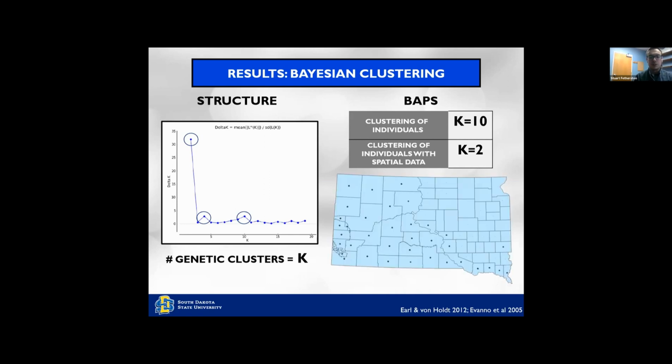Now, because the spatial data I had was only at the county level, to run the spatial model, I created a buffer at the center of each county, and I randomly distributed points within those buffers for coordinates for the model.